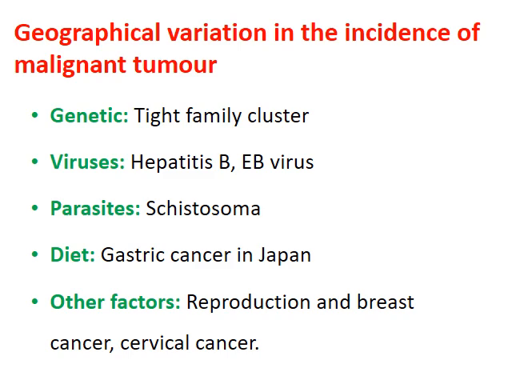The parasite schistosomiasis, bilharziasis, is present in some parts, especially in Egypt, so it is associated with a higher incidence of bladder cancer. Another factor is the diet. For example, in Japan, we have a higher risk of development of gastric carcinoma than other parts of the world, and this may be related to the diet that people consume in this part of the world.